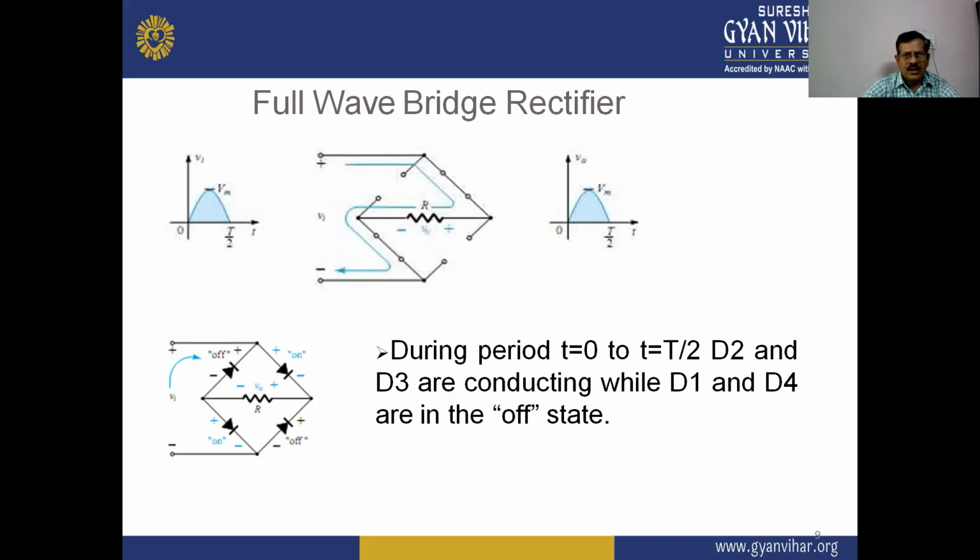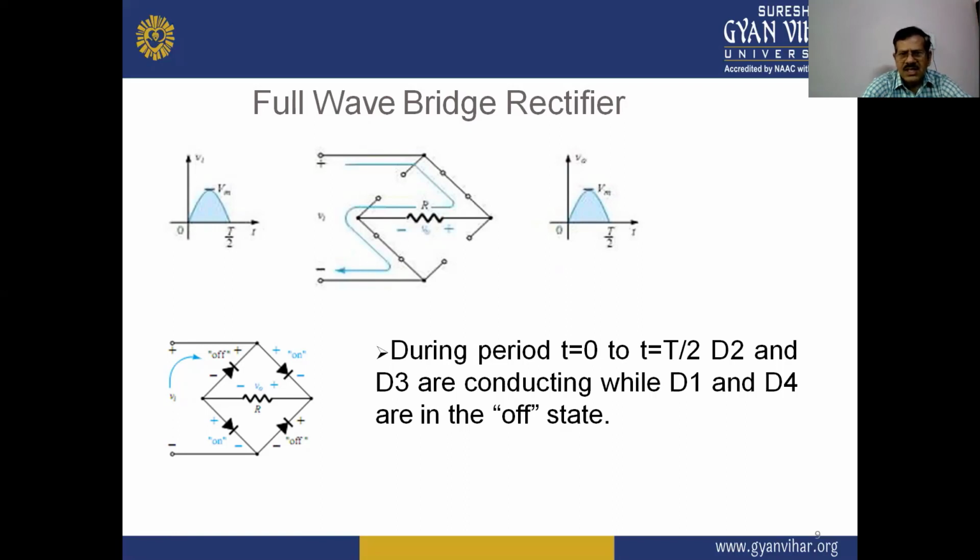During the period t equal to 0 to T by 2, diodes D2 and D3 are conducting, while during this period diodes D1 and D4 are in the off state.